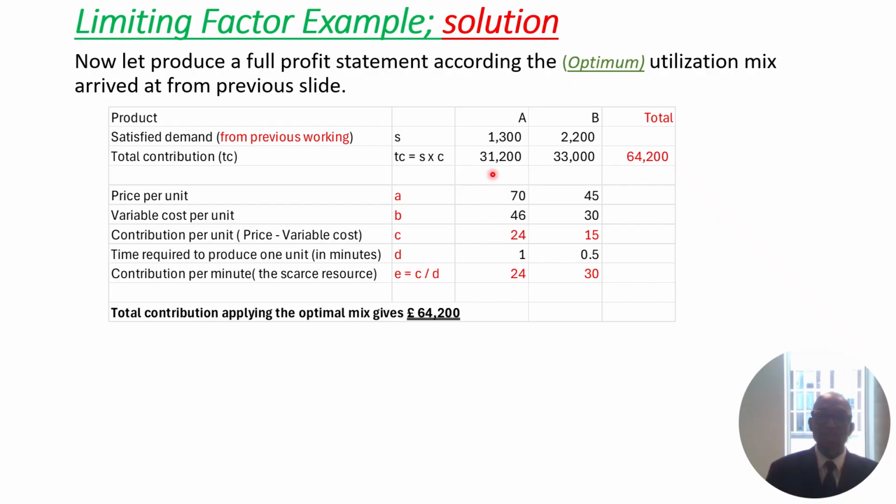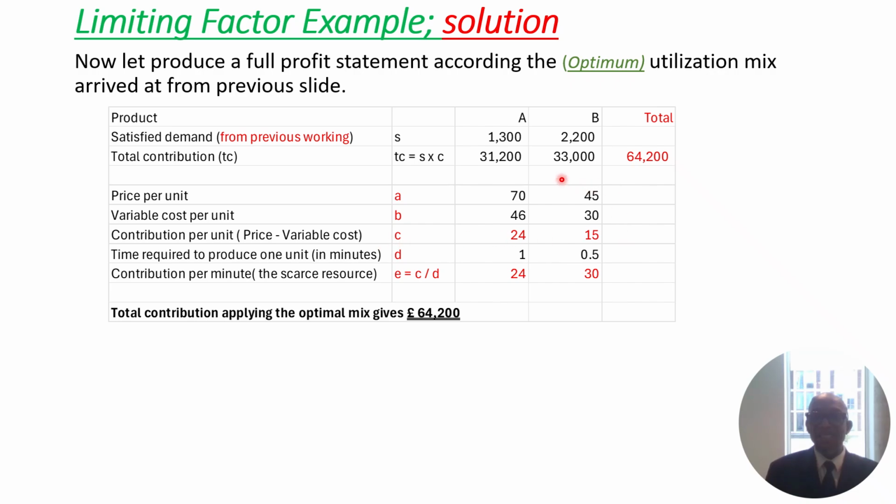That's how we got 31,200 pounds for producing product A. Now for product B, we satisfy the whole lot, 2,200 times the contribution per unit, which is 15.